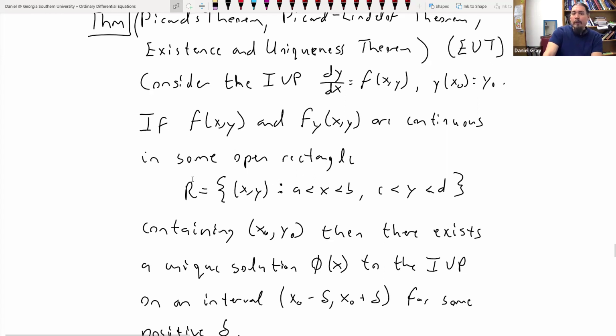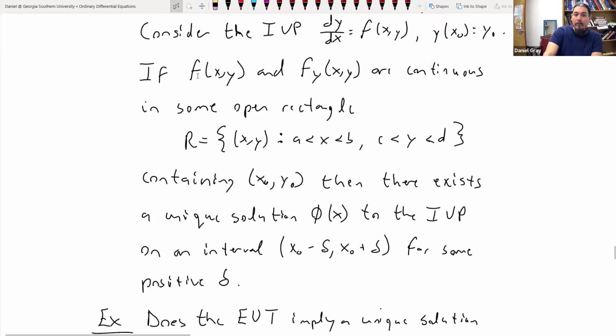So if f and f sub y, the partial derivative of f with respect to y, are continuous in some open rectangle containing your initial value, y(x0) equals y0, which has an x coordinate and a y coordinate, so that's a point in the xy plane, then there exists a unique solution, phi of x, to the initial value problem on an interval (x0 minus delta, x0 plus delta) for some positive delta.